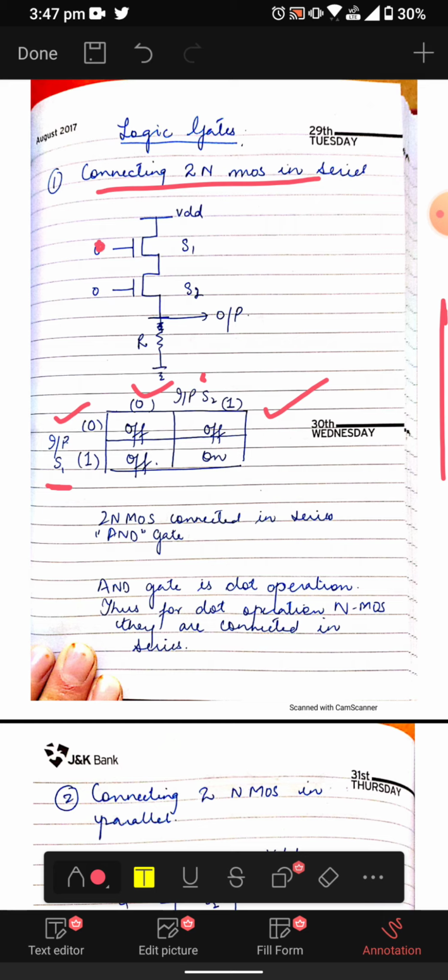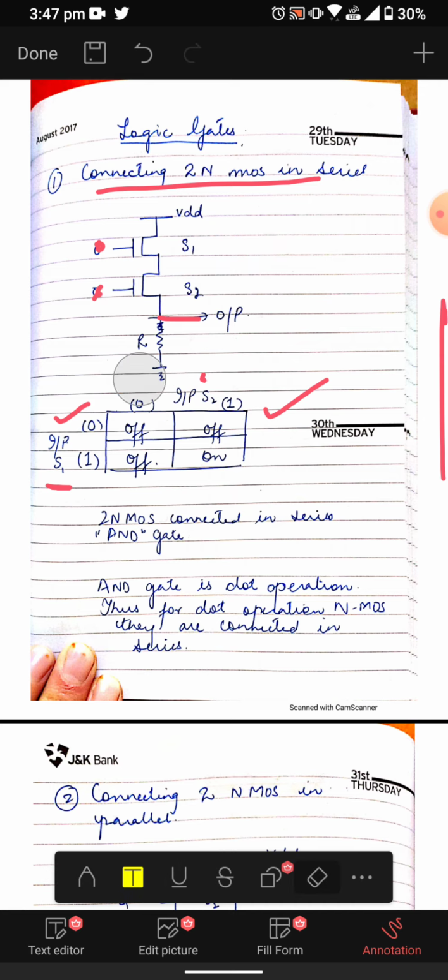When I'm giving 0 over here and 0 over here, S1 will be off and S2 will be off, because NMOS is off when a low logic level is given at its gate terminal. So both the transistors will be off, and at my output I'll get 0 or logic level low. Fine.